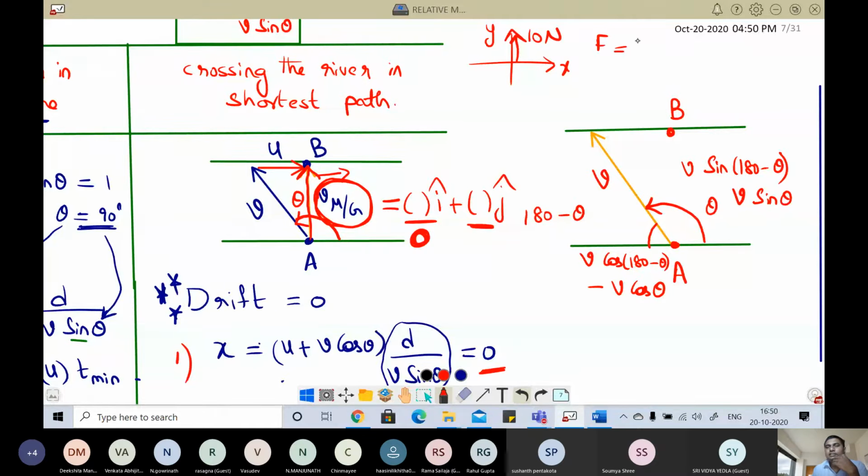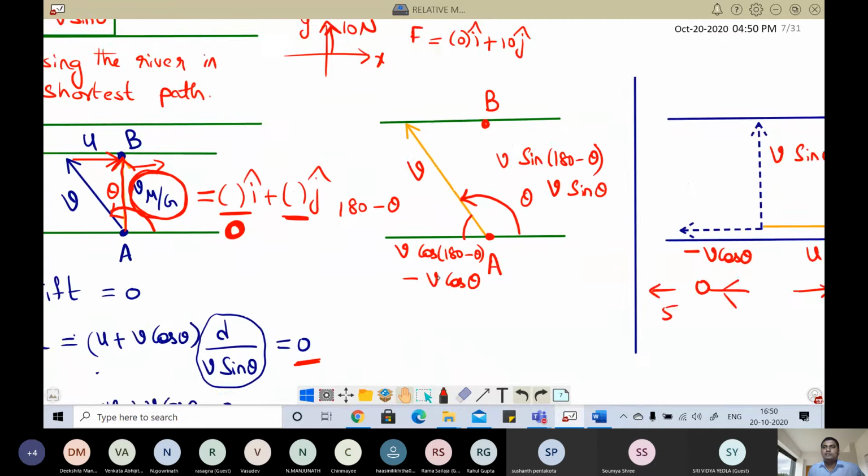Then what will you write? F is equal to 0 i cap plus 10 j cap. Correct or not? Same way now velocity of man with respect to ground should be 0 i cap plus whatever velocity in the j direction. So that means basically his x component should be 0.